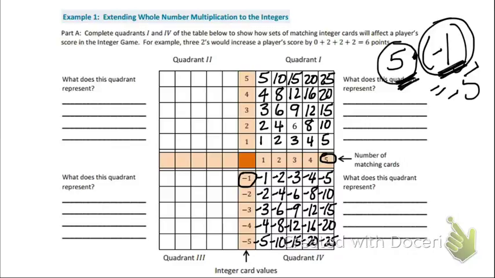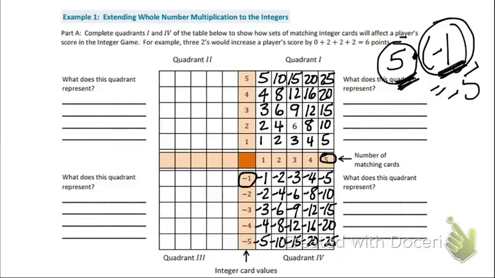even though we know that math is commutative, so these numbers could be switched, the -1 first. But with the 5 first, it has that connotation or relationship to the integer game where you are drawing or picking up that many cards.